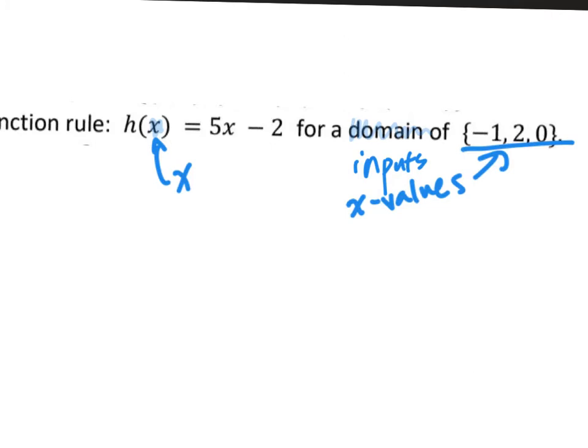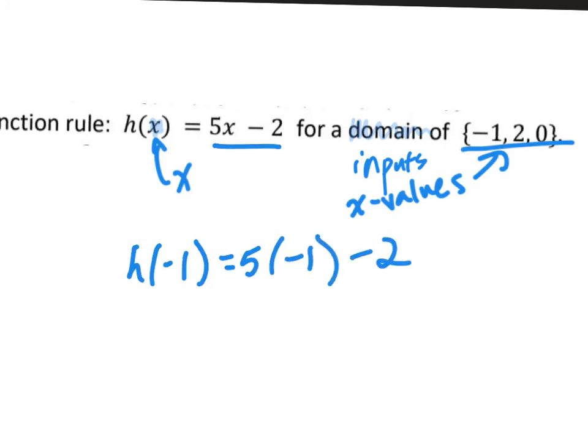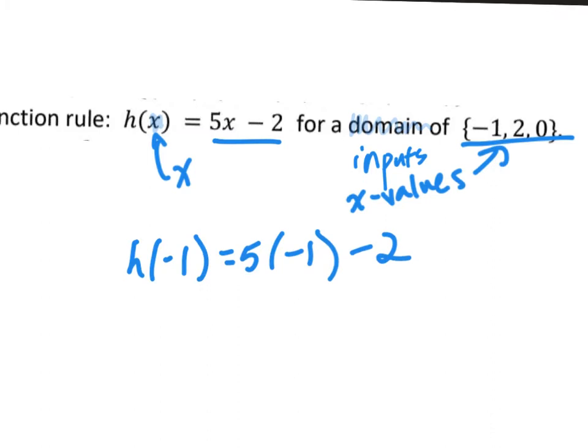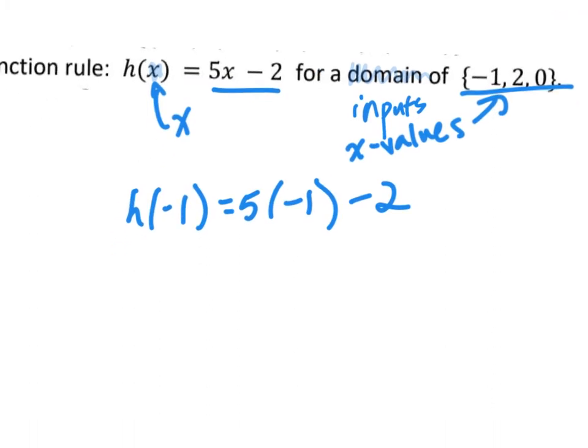So my first function evaluation is going to be h of -1. And this really means every time I see an x in this expression over here, I'm just going to substitute in -1. So I'm going to do 5, instead of x, parentheses -1, because whenever I substitute, I put it in parentheses, minus 2. I'm not going to evaluate that right now. I'm actually going to set up my function expression for the other x values I have in my domain.